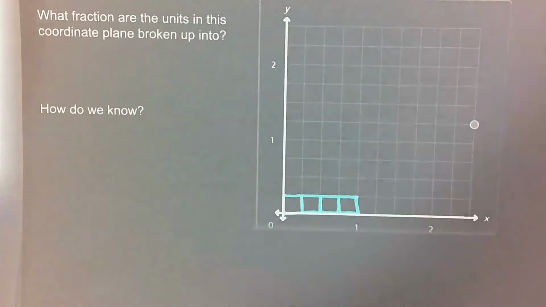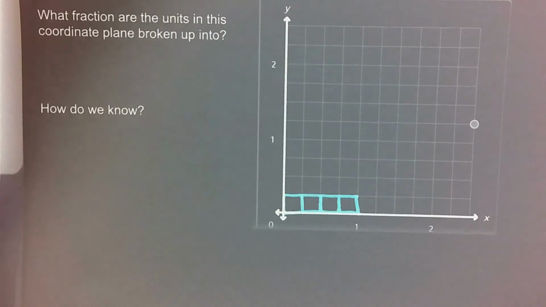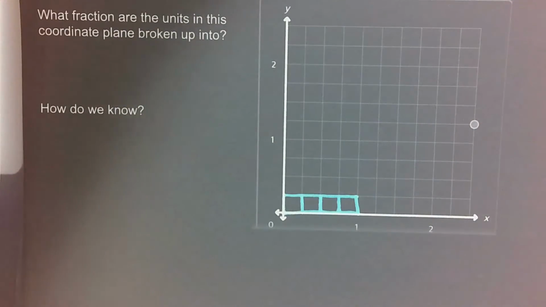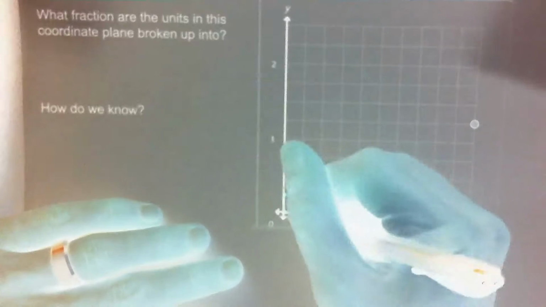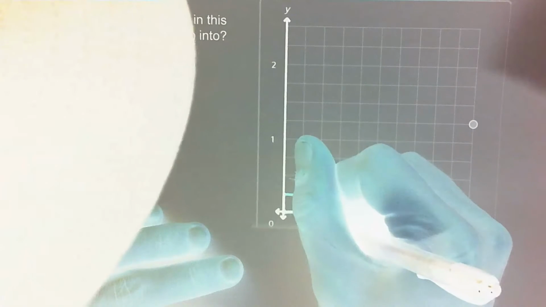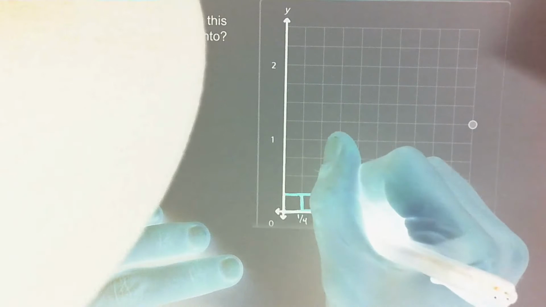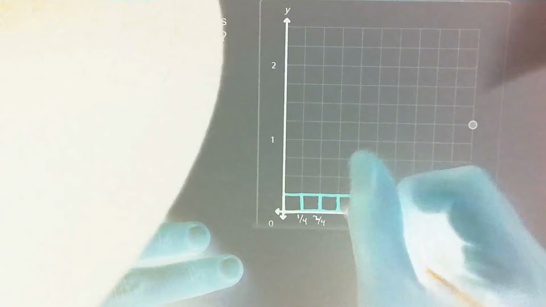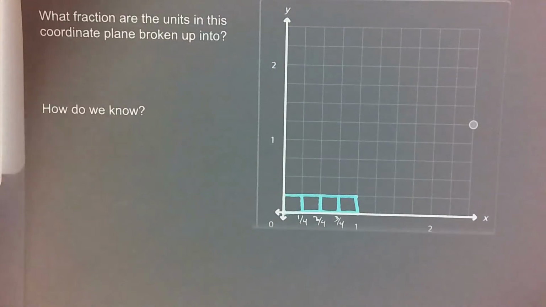And just by looking at this, we know that this is an area model for 1/4, right? It's partitioned into 4 equal parts. So we know each of these units is going to be 1/4. We can label this line on the x-axis 1/4. This would be 2/4, 3/4, and then once we get to 4/4, that is again 1 whole.